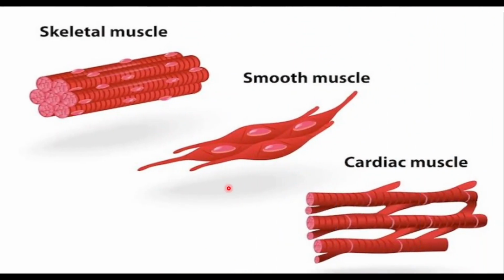The diagrams of them, the skeletal muscles, look like this. They have striation, these lines that we can see, and their cells are mostly multinucleate, meaning they have 2 or more nuclei. While cardiac muscle has striation too, but they are mostly uninucleate, meaning they have only 1 nucleus.